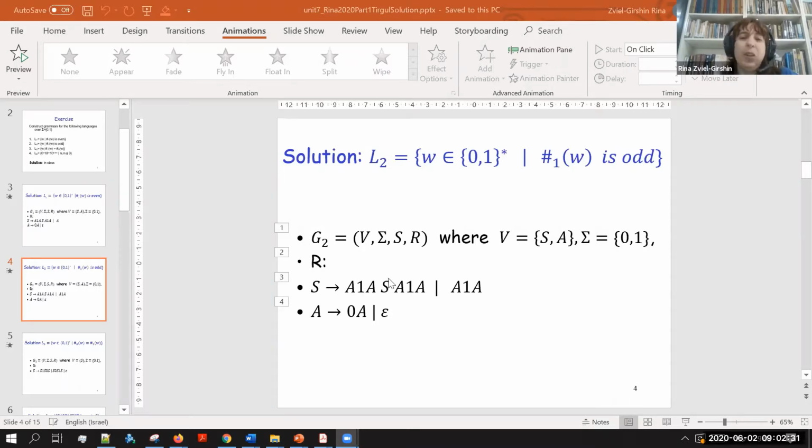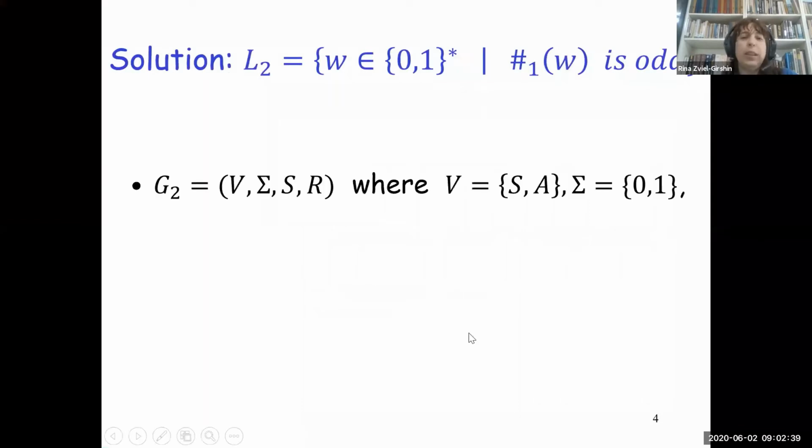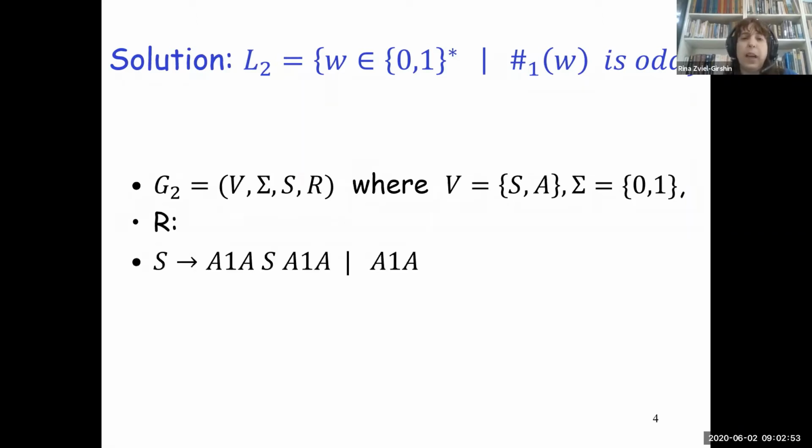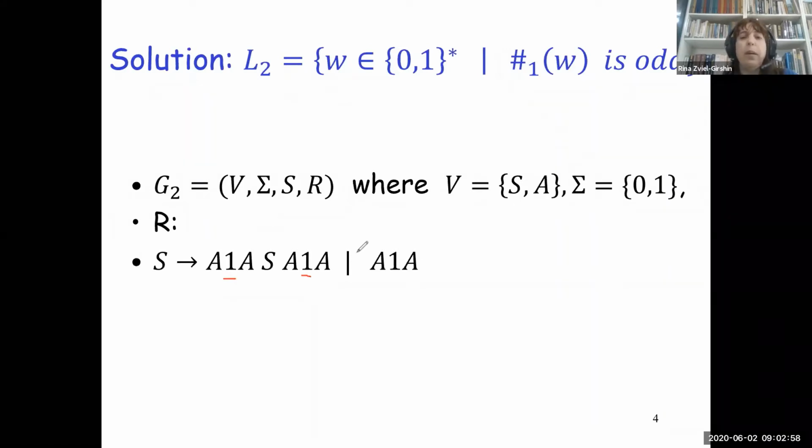Okay, so basically we have a grammar similar to previous one, but now we need additional 1 since we want an odd number of ones. So currently an empty word does not belong to our language. So once again, I will use two variables S and A. From S, I will derive once again even number of ones, but then to finish, instead of using the single A, I will use A1A to add additional odd number of ones.